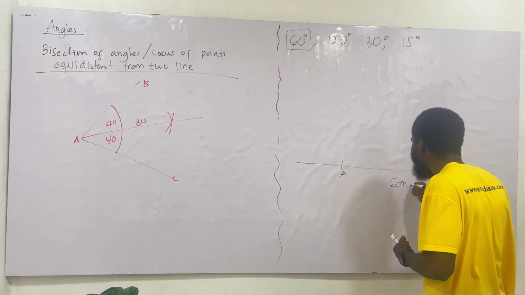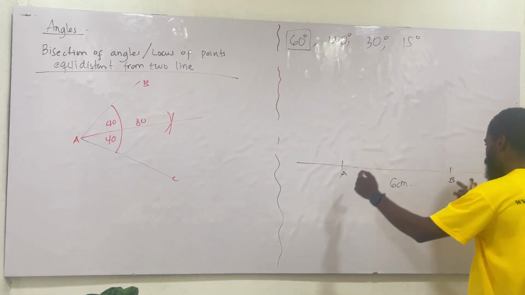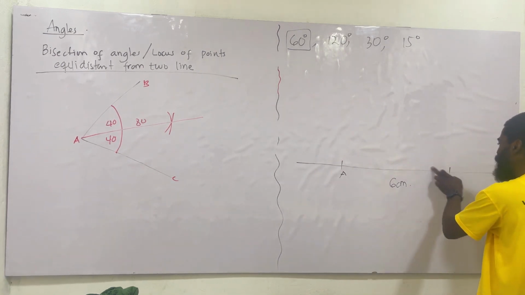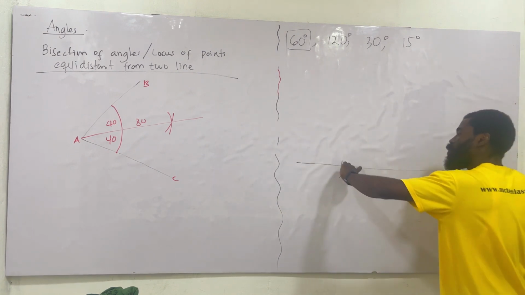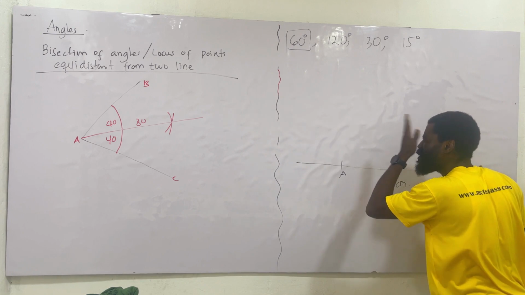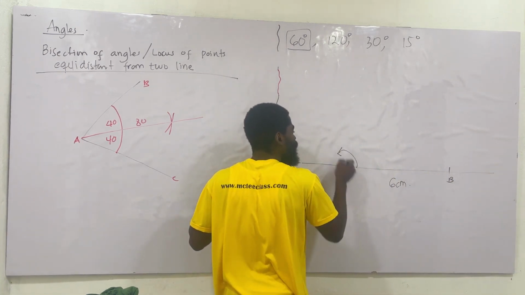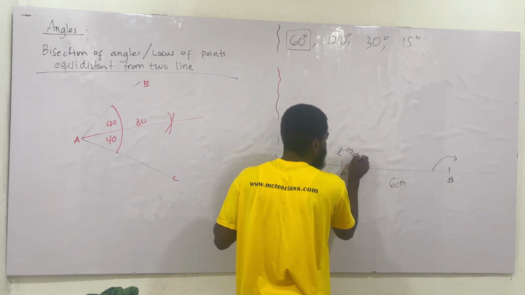Take note. Most people get confused when it comes to this. They draw from the outside of the line to the inside. No, we have line AB, this is the inside of the line, and this is the outside of the line. And the angles are always drawn from the inside to the outside. Take note of this.